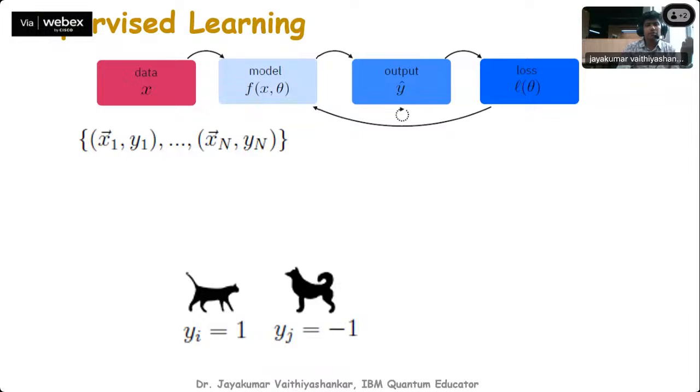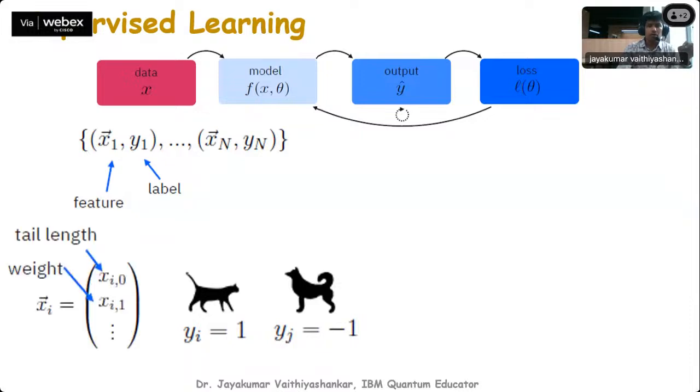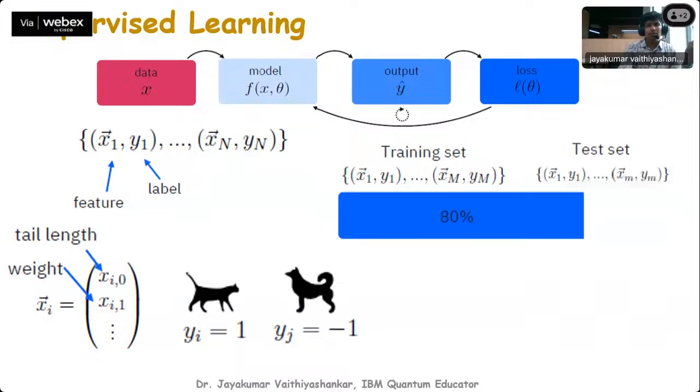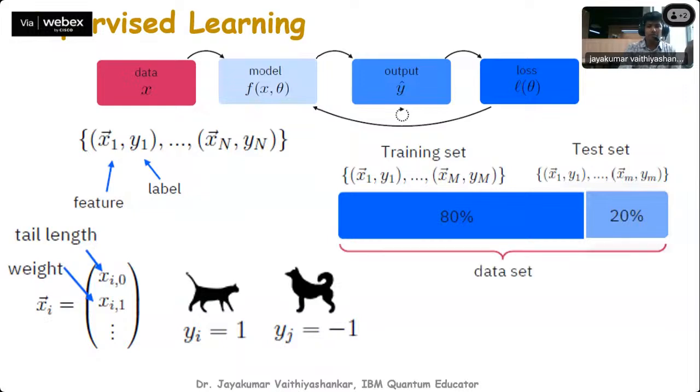If you give better input, better features with proper labels, your model is able to understand all these parameters. For example, the length of the tail, the weight of a cat and weight of a dog, or volume. It will be able to get trained. Then if you give some test data, it is able to identify the new input. Normally we take 80% for the training set and 20% for the test set.